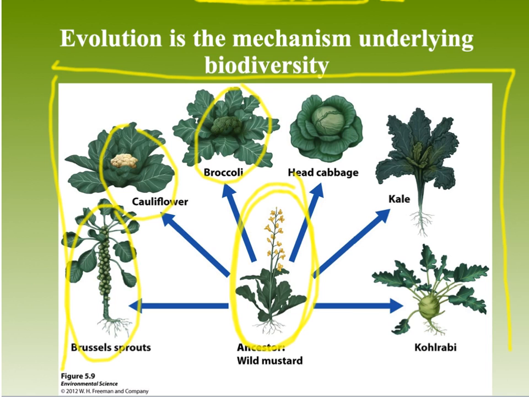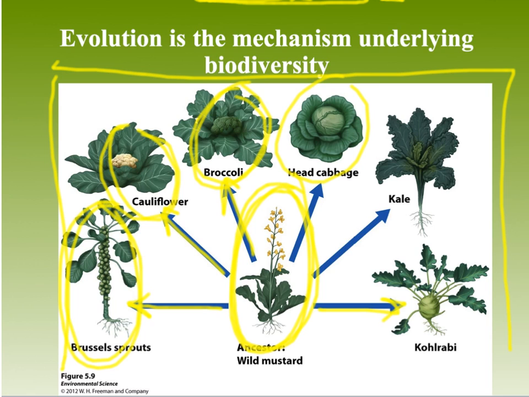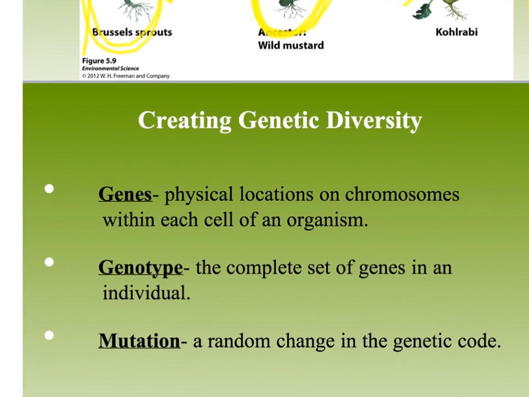Artificial selection gives us these very, very different crops. You probably wouldn't know that just by looking at them, because they look so different from the original ancestor.